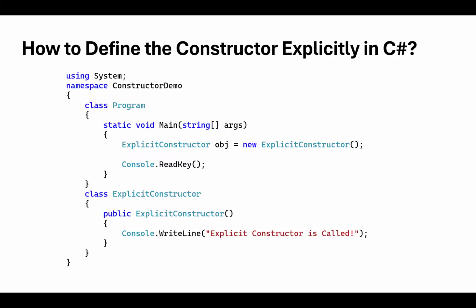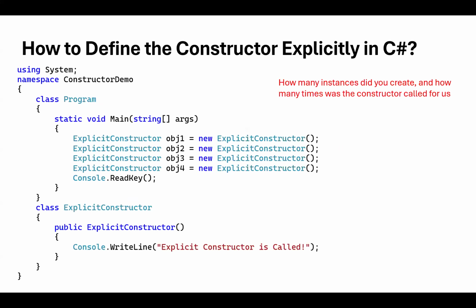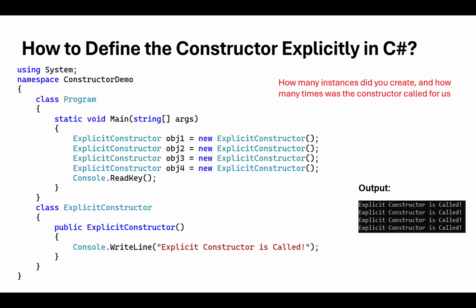For example, you create a class with an explicit constructor and create your own explicit constructor with the action WriteLine something. When we run this, we got output with the same instance.